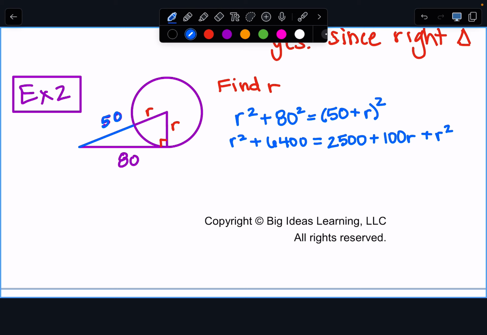What happens when I subtract R squared? Well, isn't that just lovely? Then you can do minus 2,500. Okay, what's 60?